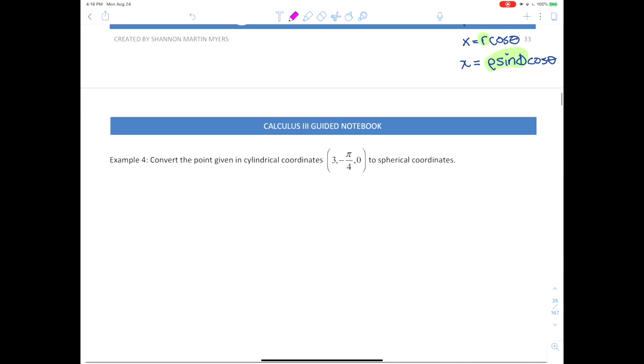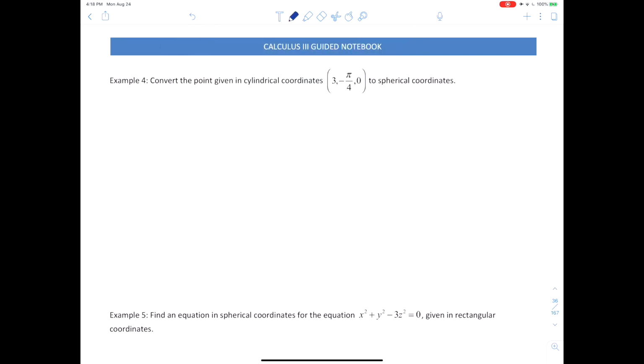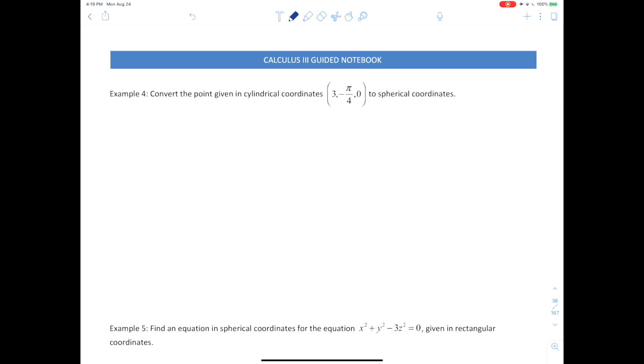So here we go. Let's take a look at a couple more examples. Your main thing is you want to be able to switch back and forth between rectangular and these two coordinates. So let's convert the point given in cylindrical coordinates, 3, negative pi over 4, 0, to spherical coordinates. So, let's see what we got. So what we have here is r, theta, z, correct?